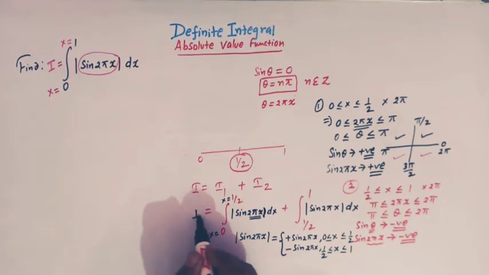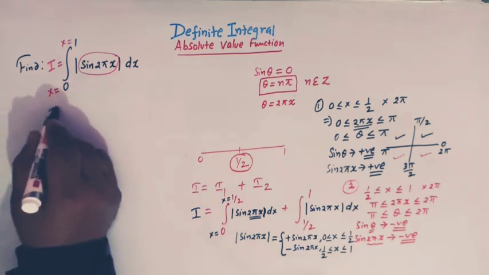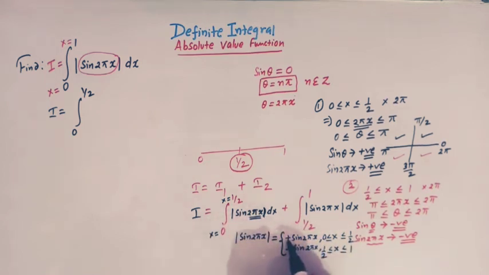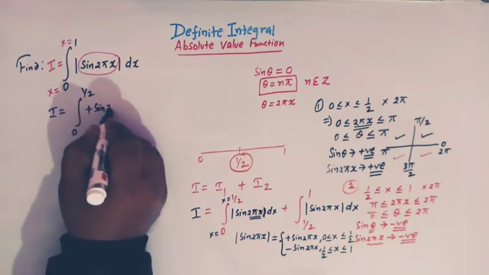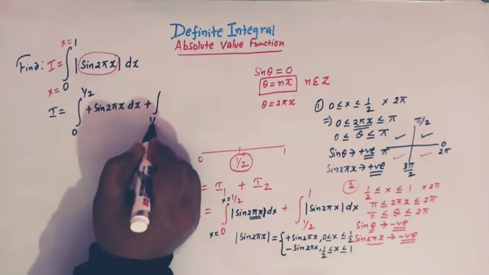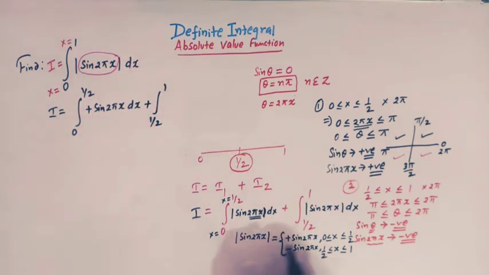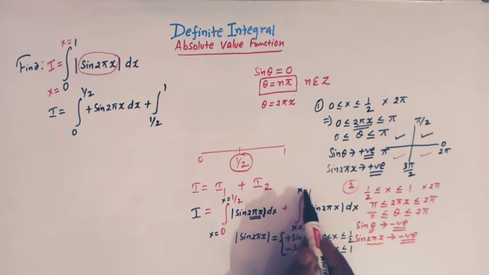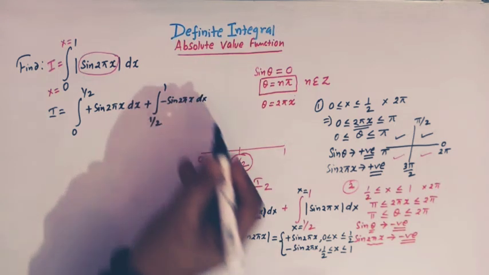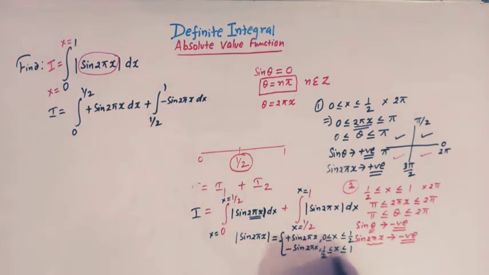So that's why we have written this statement. Now from this equation we can write I as the integral from 0 to half, where mod of sine 2 pi x is positive sine 2 pi x, and the second integral is from half to 1, where mod of sine 2 pi x is negative sine 2 pi x, because x lies between half and 1.